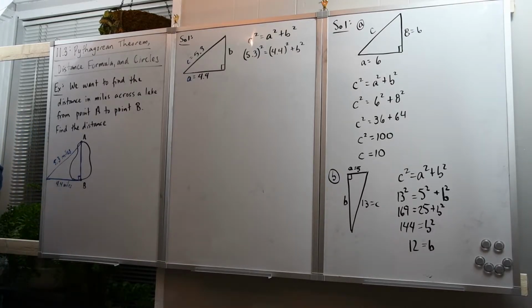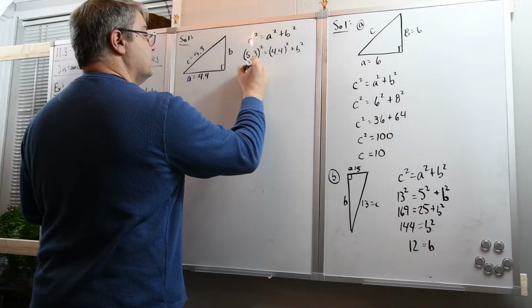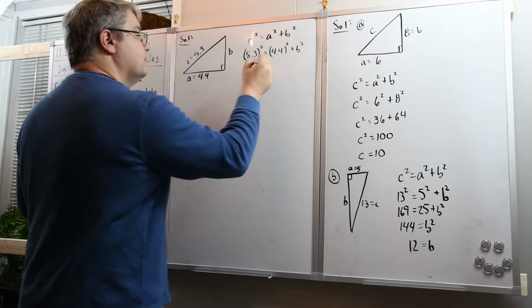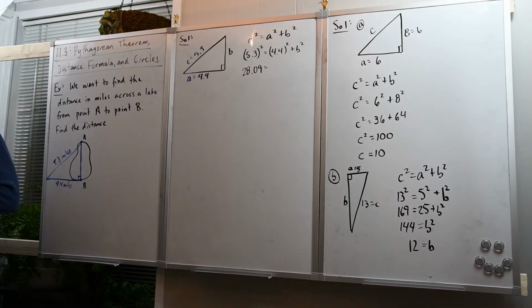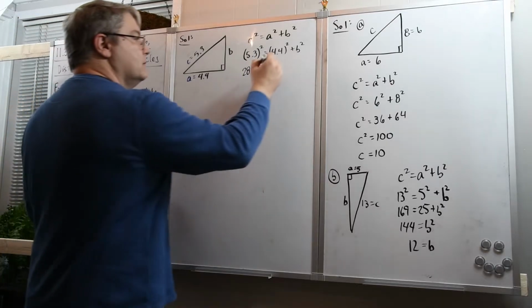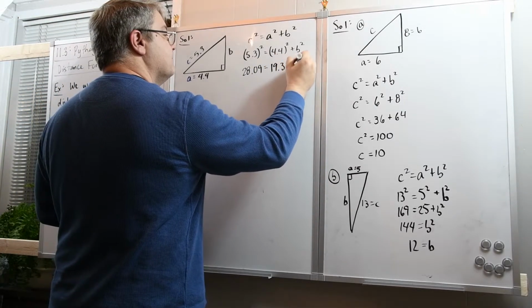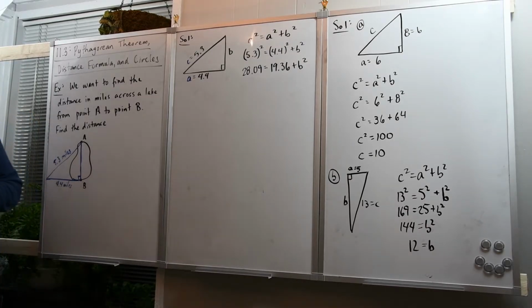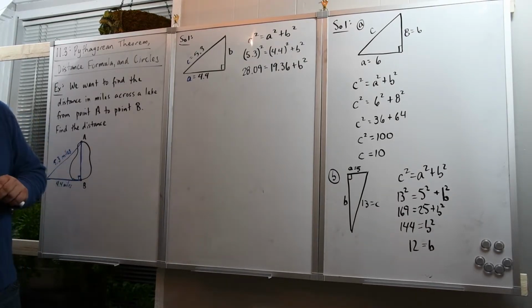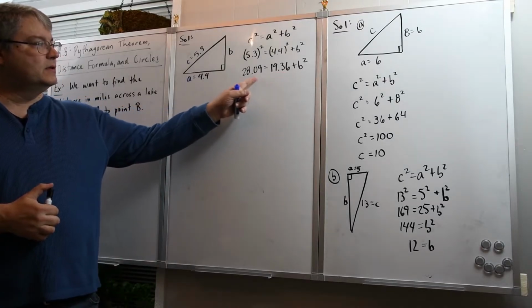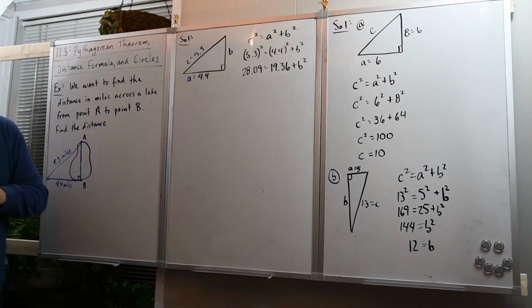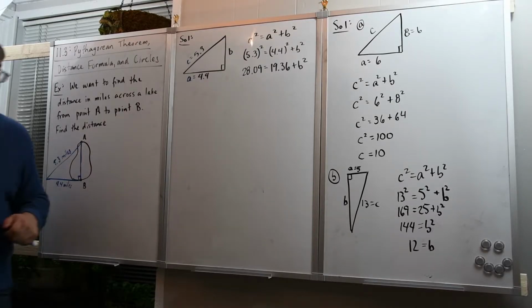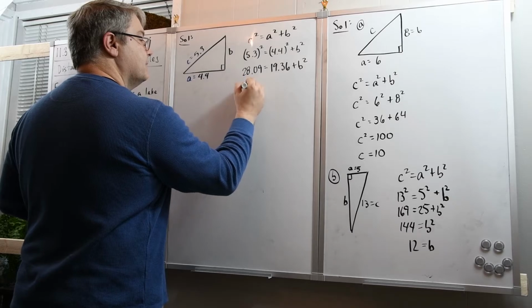Now, 5.3 raised to the second power is going to give you 28.09. And 4.4 raised to the second power is going to give you 19.36. So we're going to be able to figure out B squared shortly. What we have to do is subtract 19.36 from each side of this equation. And when we subtract 19.36 from each side of the equation, the left side is equal to 8.73.